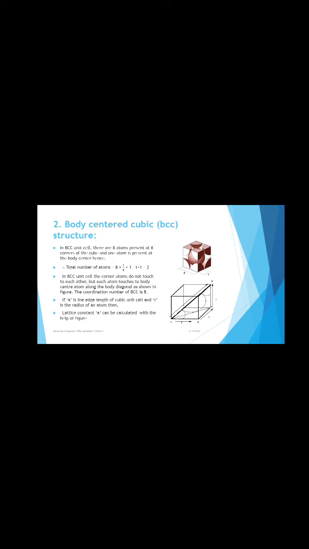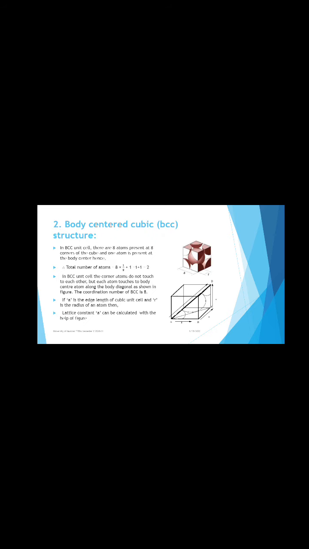So, in a BCC type unit cell, if you consider the right angle triangle ABC, that is the triangle at the base, and use the Pythagorean equation, then AC square is equal to AB square plus BC square, right?